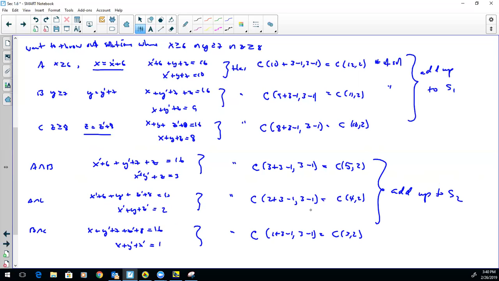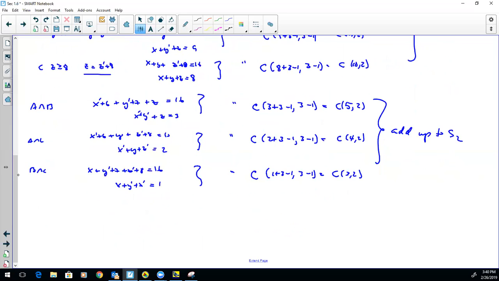All right. And finally, we have to look at what happens if all three of these numbers are over the limit. So it's going to be x prime plus 6 plus y prime plus 7 plus z prime plus 8 equals 16.